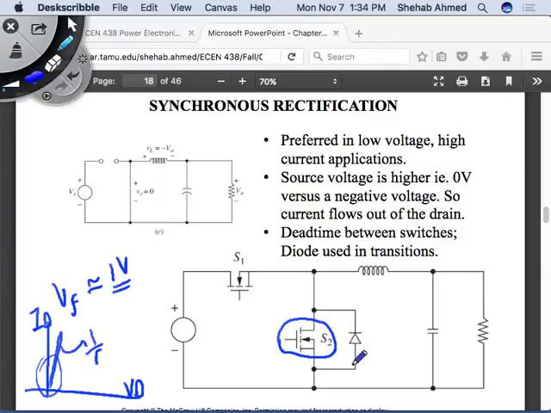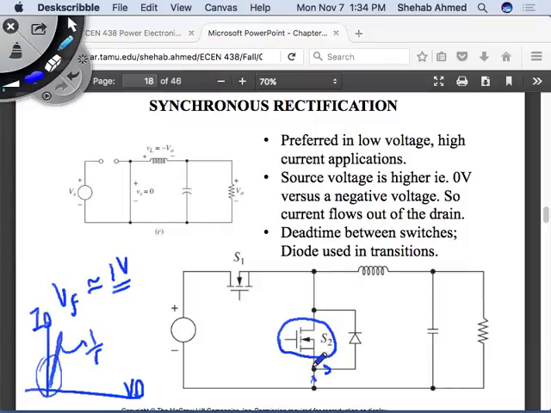So you have a sensing circuit to know that this diode is going to turn on. As soon as this diode is going to turn on and you're going to start to conduct current through this diode, you will turn on the MOSFET. That's why it's called a synchronous rectifier, because it's synchronized with the diode turn on. So as soon as you see the diode turning on, you will turn on the MOSFET.